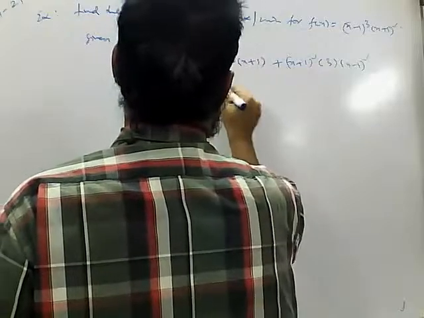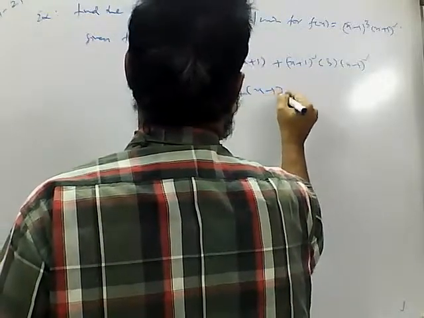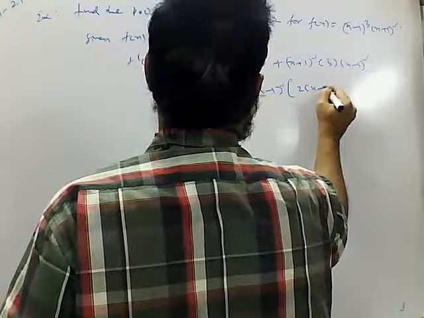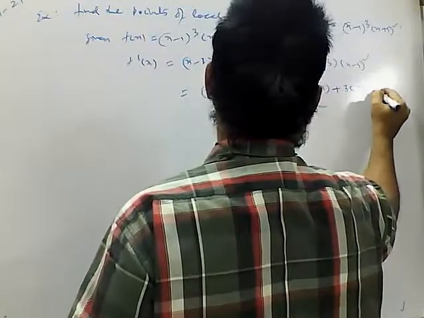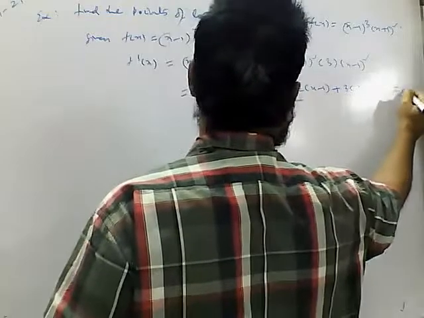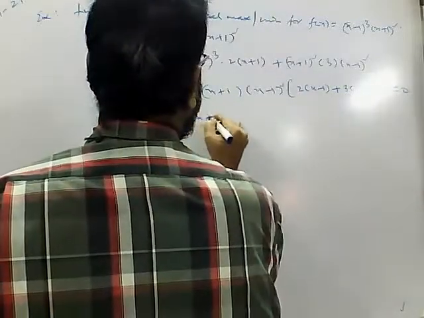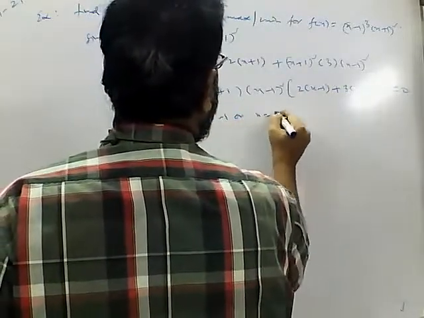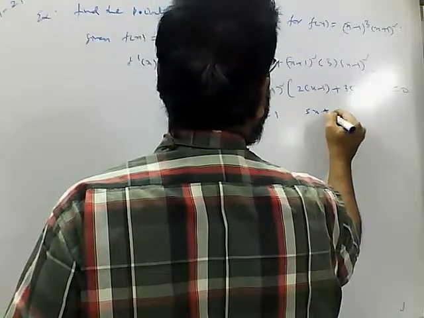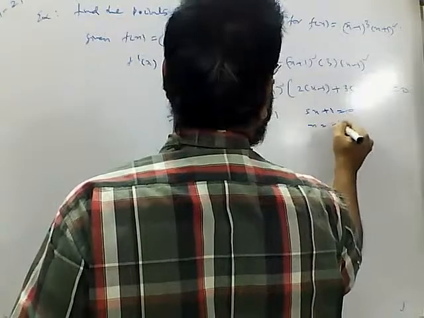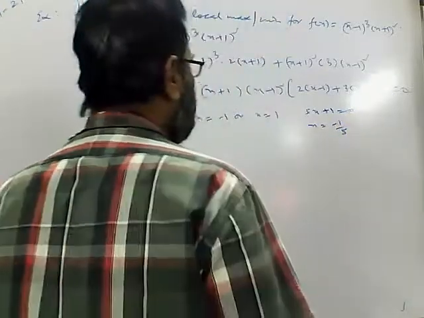That implies x plus 1 into x minus 1 whole square into 2 into x minus 1 plus 3 into x plus 1 is equal to 0. Implies x is equal to minus 1, x is equal to 1, and 5x plus 1 is equal to 0, so x is equal to minus 1 by 5.